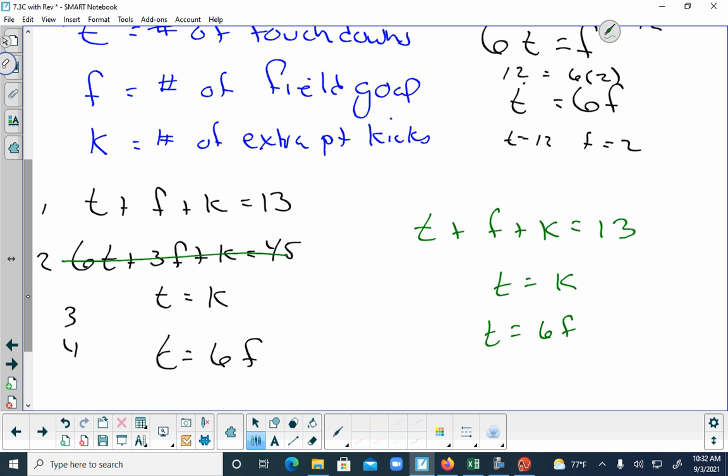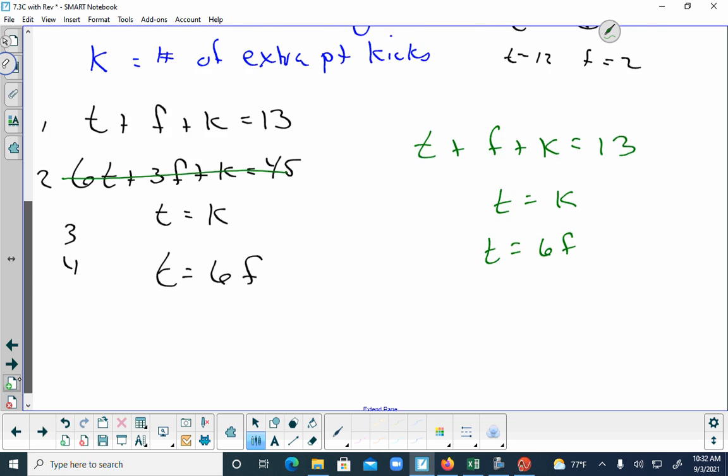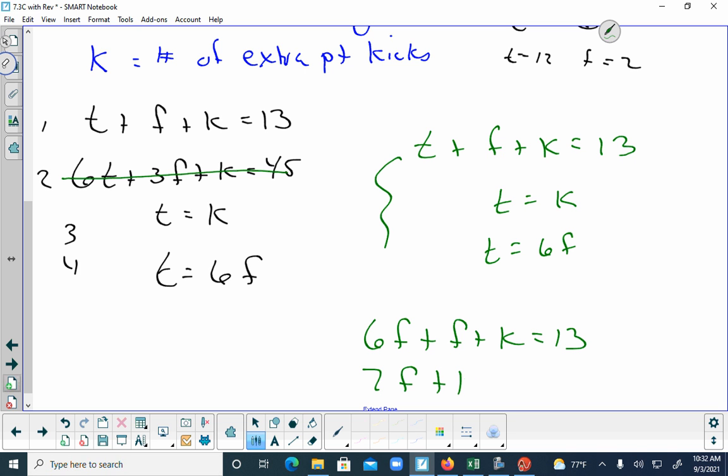So you substitute in the 6F for T. So the 6F plus F, this would be 7. This would simplify to 7F plus K is equal to 13. So you used 1 and 3 to get there. Yes.